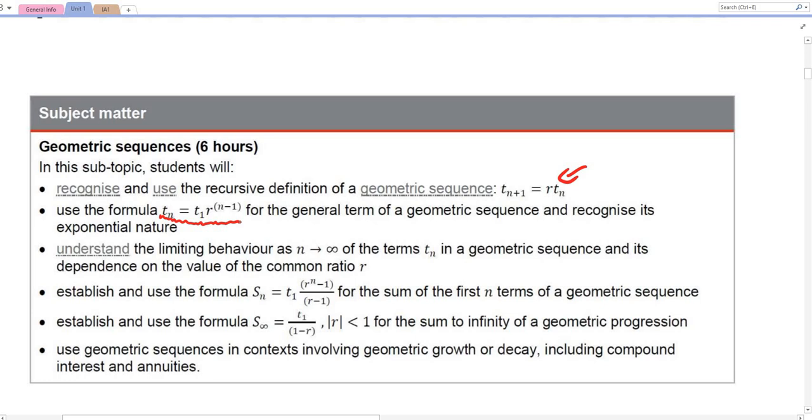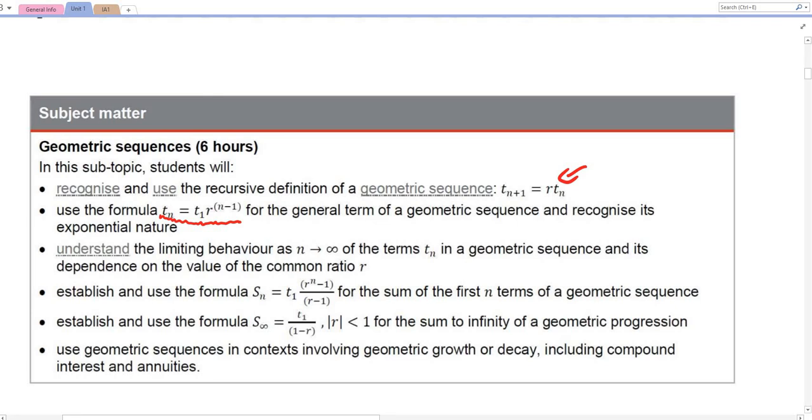Does that remind you of the general rule of an arithmetic sequence? In that one, we were doing plus d times n minus 1. This time we're doing times r to the power of n minus 1. We'll look into where that rule comes from in a bit.